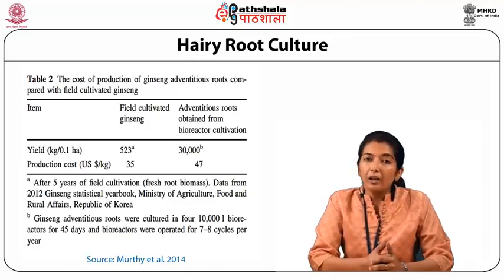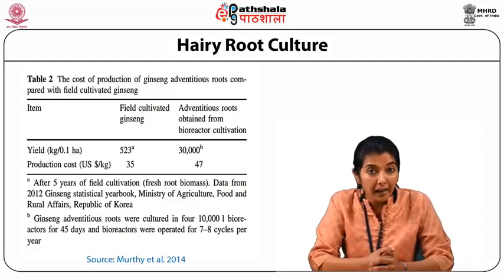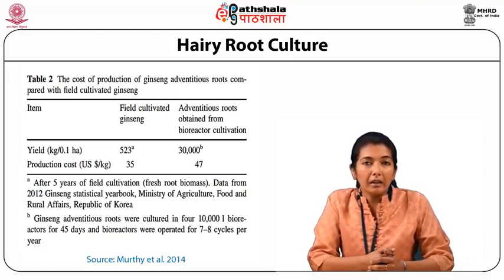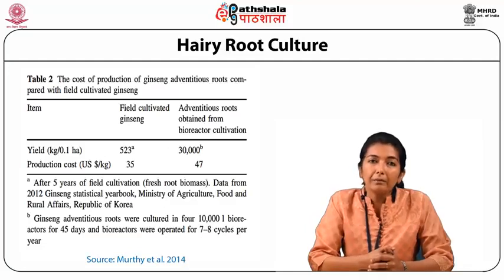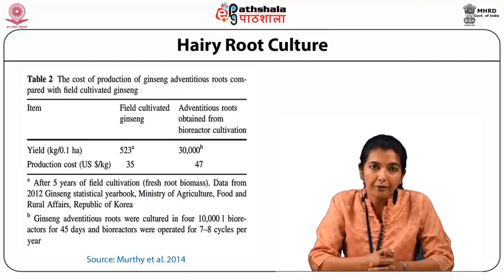Although the production cost is relatively high in case of the bioreactor cultivation, if you see the yield, it is many folds higher. So in totality, the bioreactor cultivation proves to be much more cost effective.